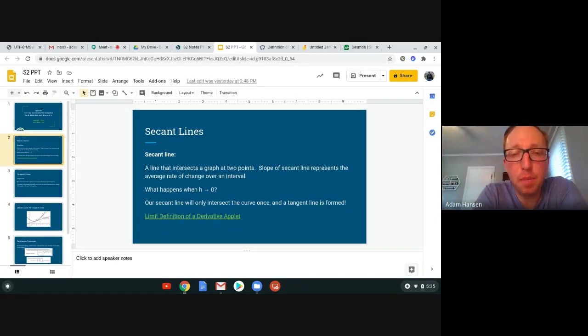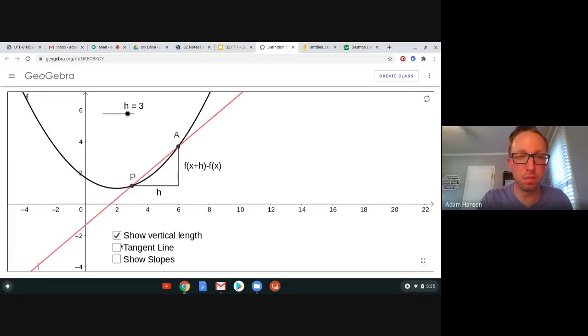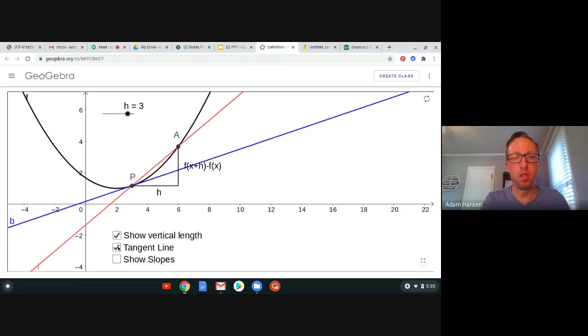All right, so what happens if I let h go to 0? If I let the horizontal distance between those 2 points decrease? That secant line would then turn into a tangent line. Let's see that in action.